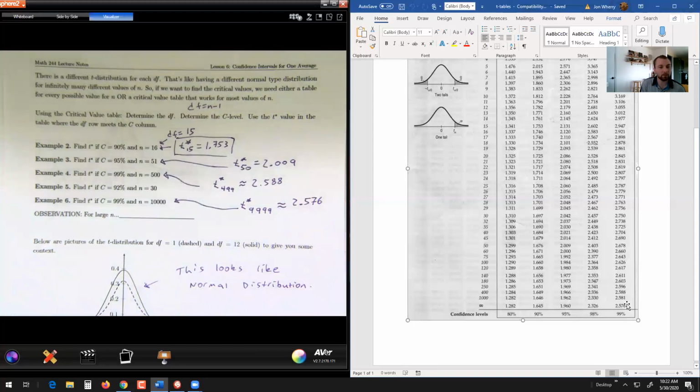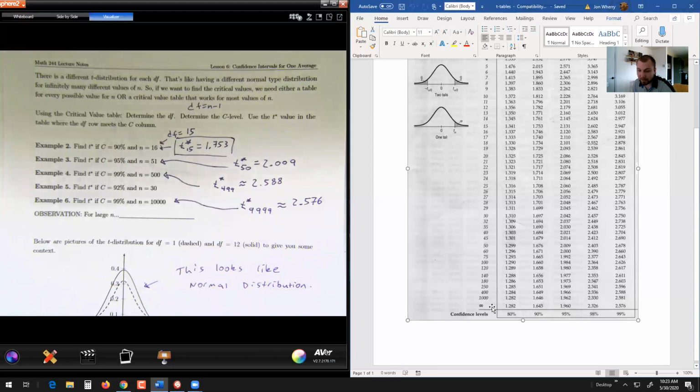And oh shoot, I'm getting a little bit of deja vu. 99%, 2.576. I think I've seen that before. Let's look at some of these other values to see if those are familiar. 95%, 1.96. That's my critical value, my Z stars. I used to have 90 go to 1.645. 95% was 1.96. And 99% went to 2.576.